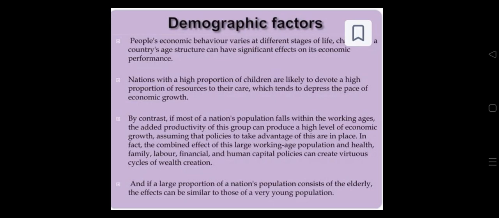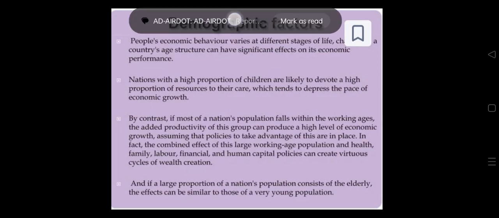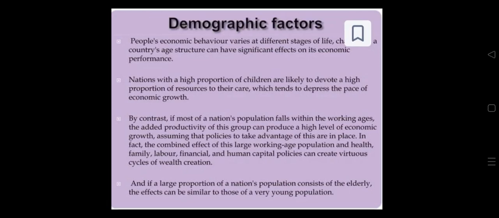Like India, we have the world's youngest population, but we don't have enough facilities, or we don't have enough modernization techniques, or sometimes our cultural beliefs hamper our progress, and our labor, and sometimes our health, our families, or our human capacities cannot create such an impact to improve our economic conditions, right?